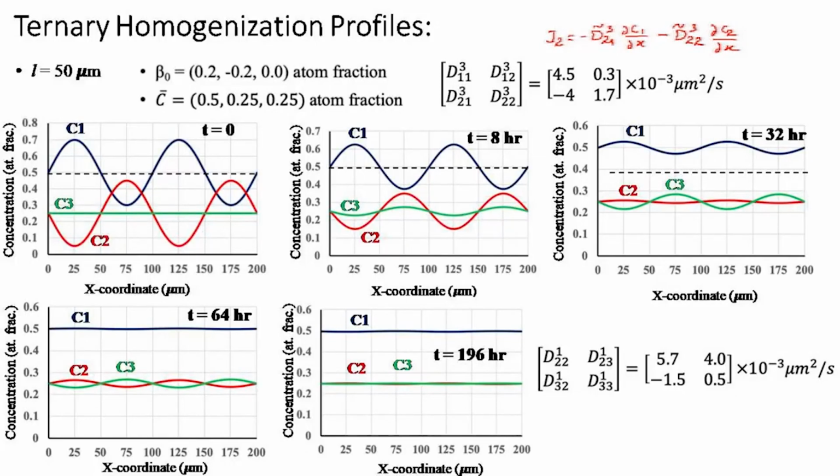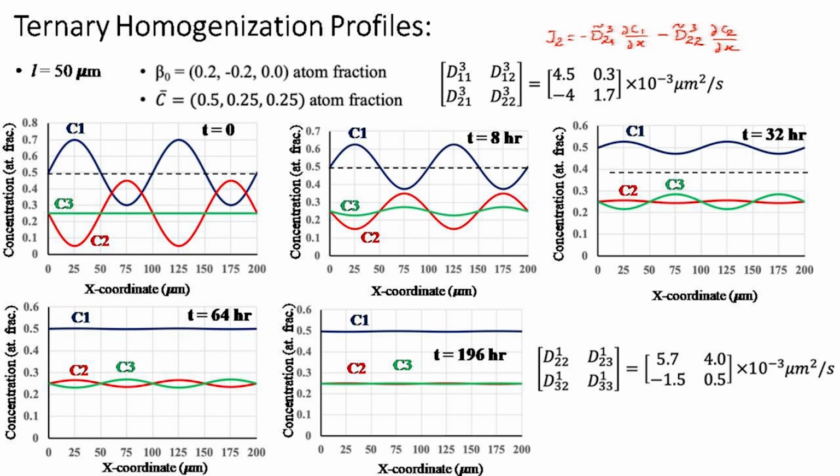For example, if C3 was constant initially, and let us assume that it was below the solubility limit of 3 in the alloy, but since these undulations developed, the concentration may exceed the solubility limit of 3 in the alloy, and then we expect a second phase to precipitate out.